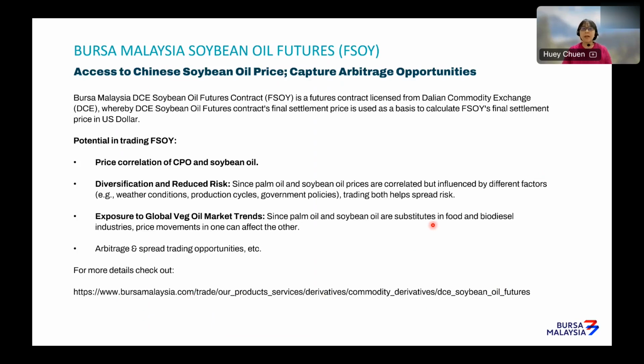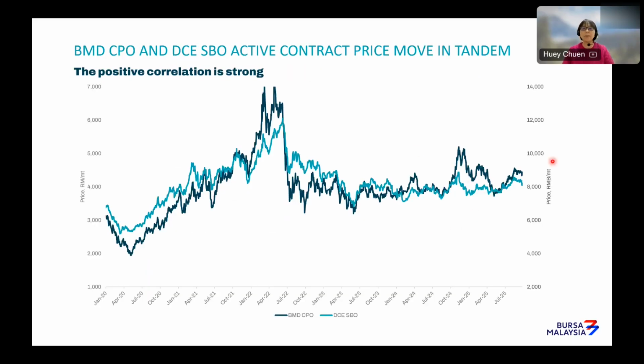As I mentioned just now, there is a correlation. As you see, I have pulled out the prices of the BMD CPO and also the Dalian Exchange DCE soybean oil. As you can see, both prices move in tandem. They are highly correlated with each other. But at certain times, you can see one of the prices react overly bullish or overly bearish.